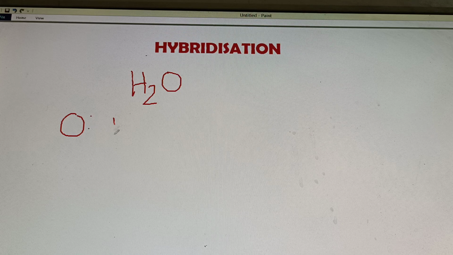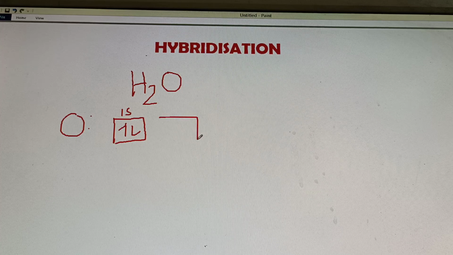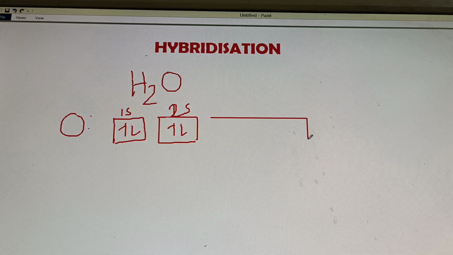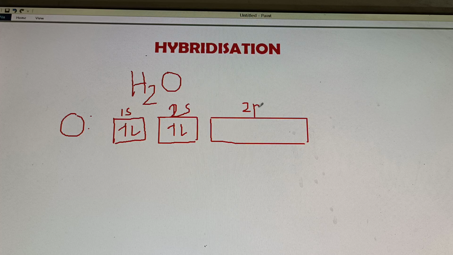Its electronic configuration is 1s2 2s2 2p4. Four electrons are present in p orbitals.